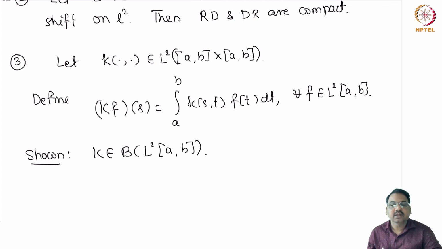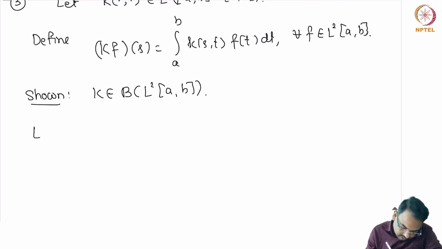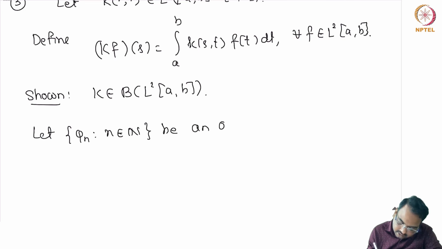Now we want to show that it is compact. So let us start with an orthogonal basis. Let phi_m, m in N, be an orthogonal basis for L2[a,b].